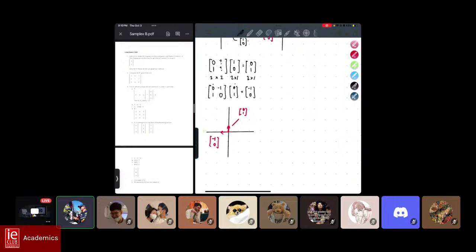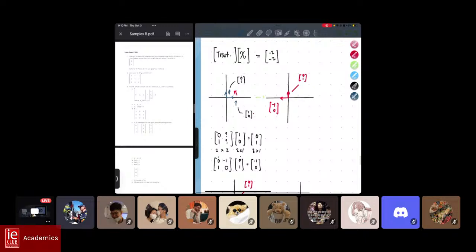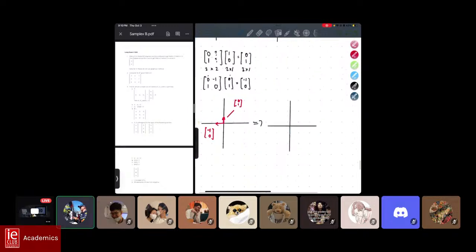So, ano itsura niyan? Flip natin. I'll use another color for clarity. Ginamit ko na pala yung dark blue. Okay.